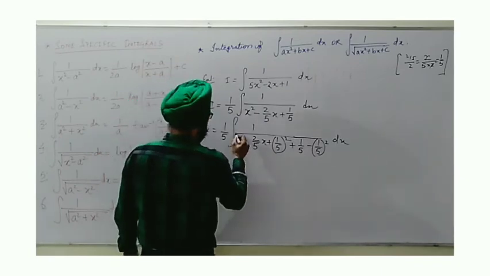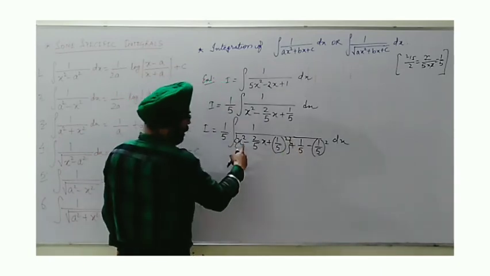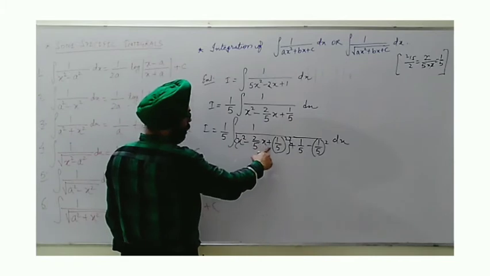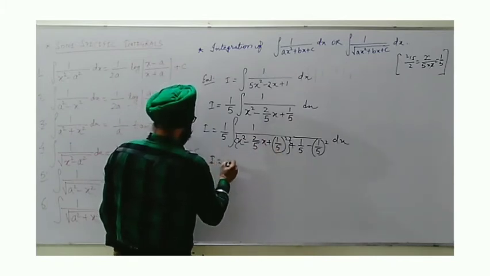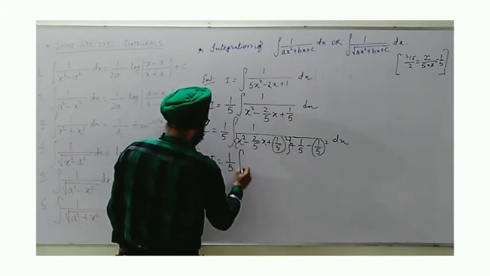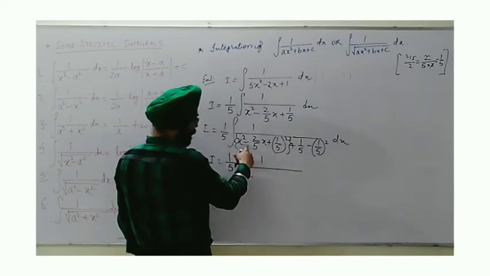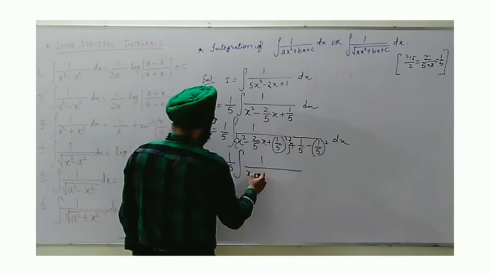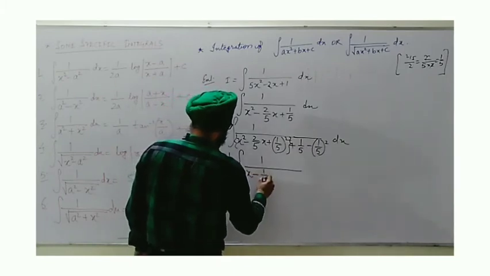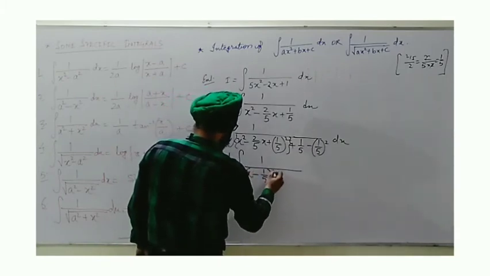Now if I take these three, it becomes like a square minus 2ab plus b square. So you can directly write 1 upon 5 as x, this as minus 2ab, so a minus b means x minus 1 upon 5 whole square.